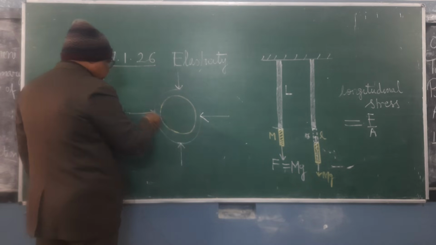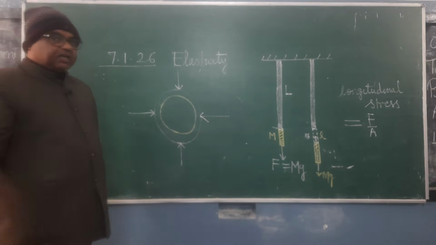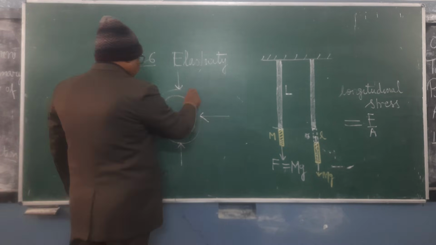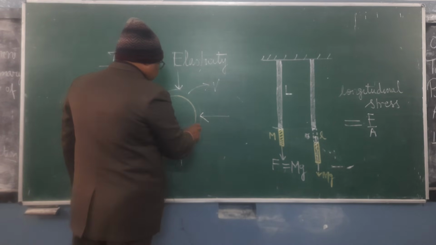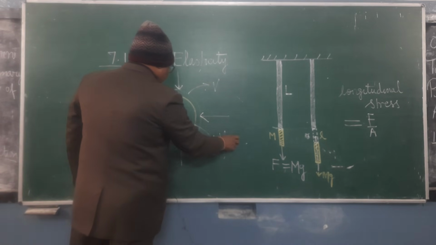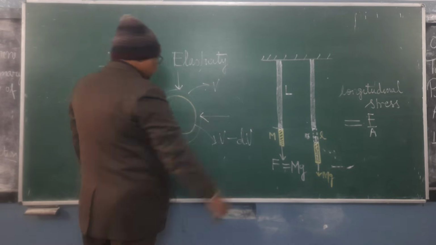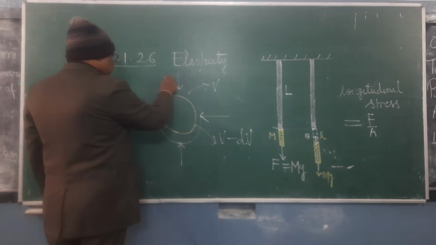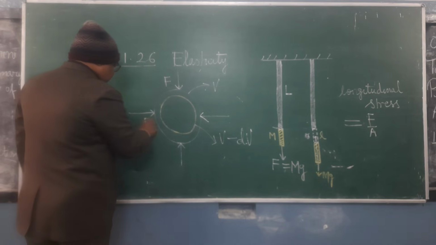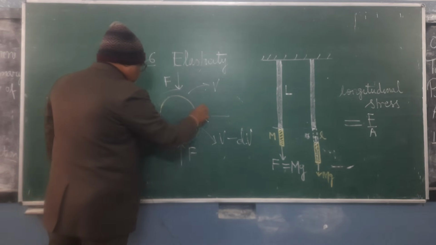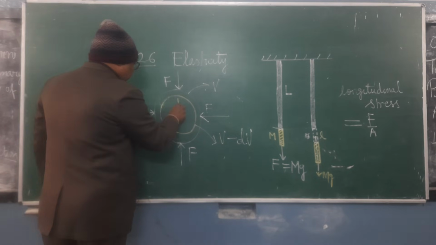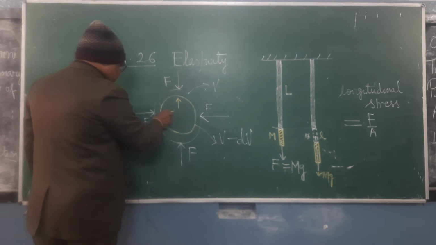Shape is still spherical because the forces are acting from all the directions uniformly. Suppose its volume is V, then what will be its volume? V minus dV. It is clear? Here deforming force is acting from this side. Therefore, restoring force will act from inside in the outward direction.